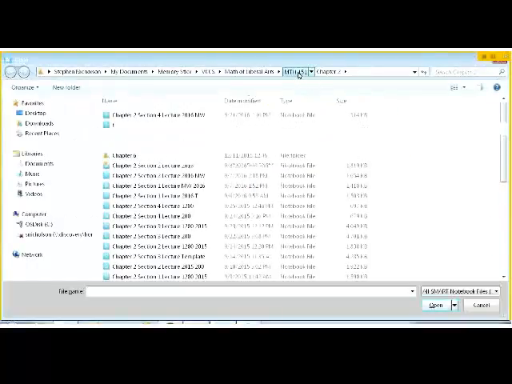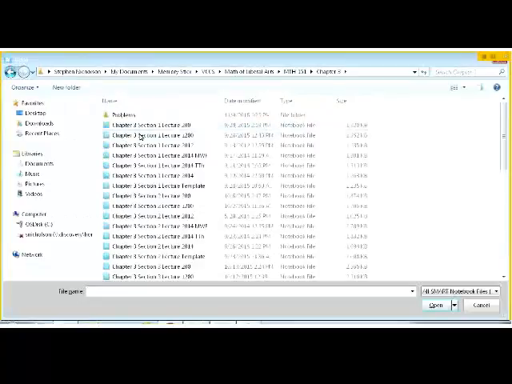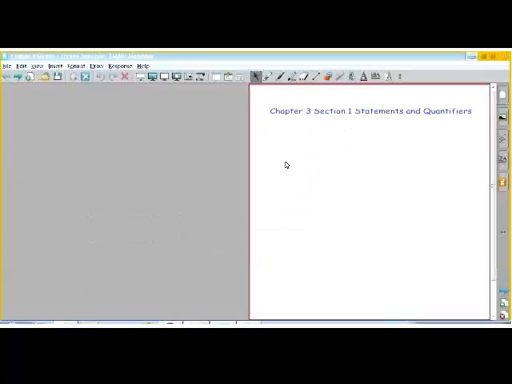Okay, so we're going to open up chapter 3. Chapter 3 is about logic. A lot of the stuff in logic has similarities to what we've learned about sets. Some of the terminology is the same, some of it is different, but they are very similar.